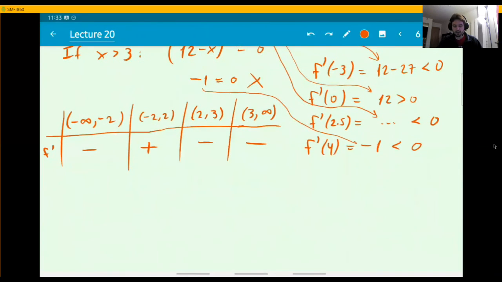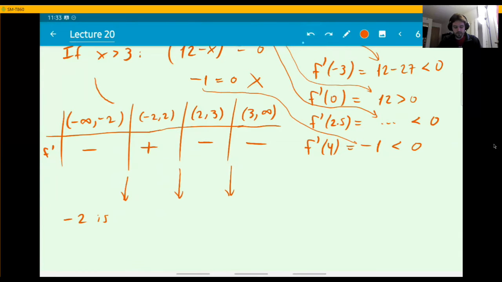By looking at how f prime is before and after each point, you can conclude the following. For -2, f prime went from negative to positive. Imagine what the function is doing. It was decreasing and then started increasing.